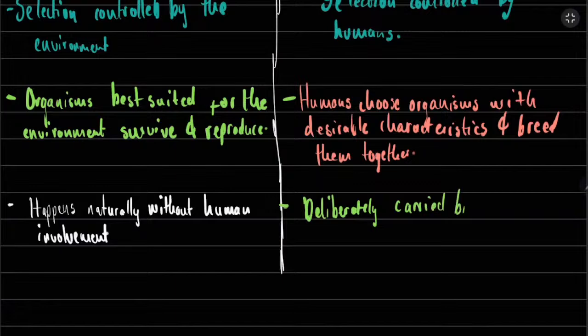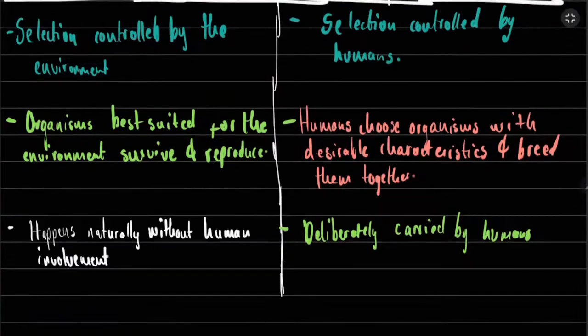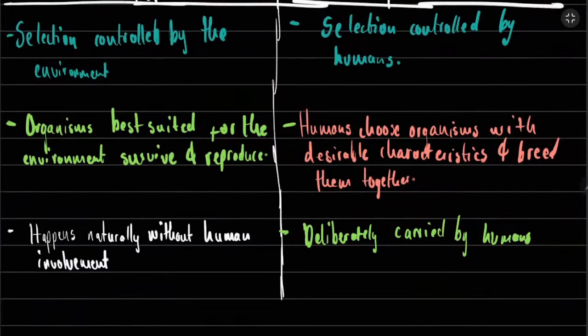Then one last aspect. So you need to talk about the fact that this one is controlled by the environment, the other one is controlled by humans or carried out by humans. So, these two points are pretty much the same point, okay? Selection controlled by humans.